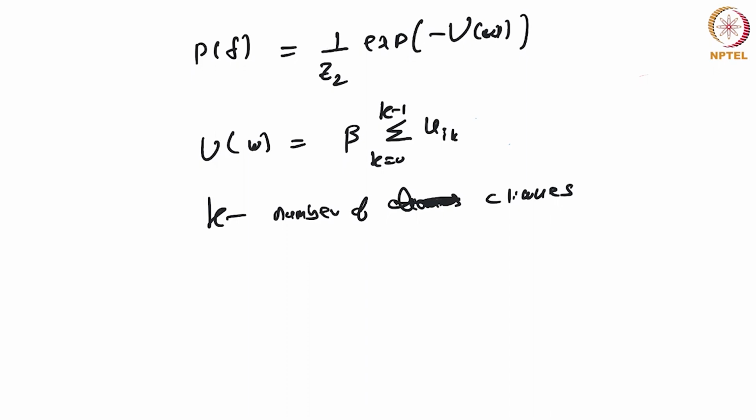Each neighborhood you would call a clique. In this particular case, U of ik is the number of pixels in a clique k which have the same intensity value as the center pixel. If the neighborhood is the same, then the potential is always increasing.